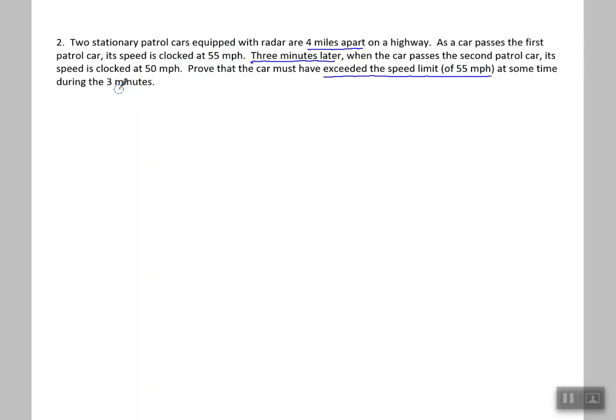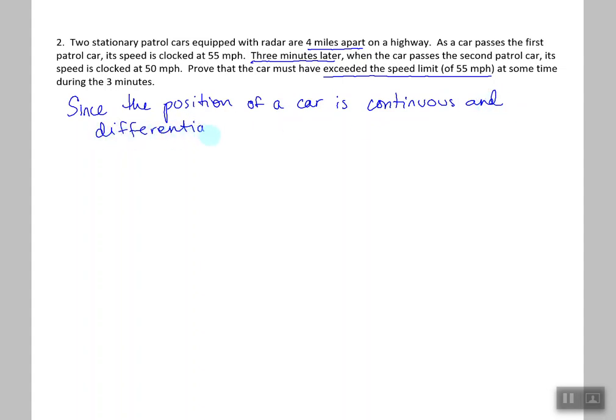So we must make sure that we're working with a continuous and differentiable function. So let's talk about the function that we're talking about is the position of the car. So we can say since the position of a car is continuous and differentiable, of course everywhere, because we can't skip any moments in time, we can apply the mean value theorem.